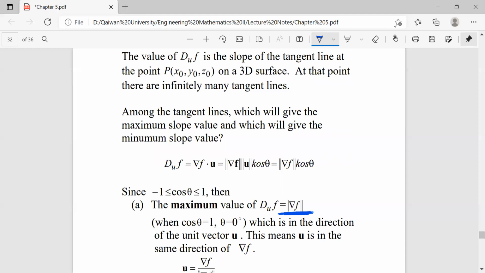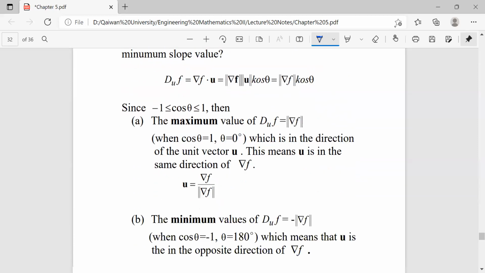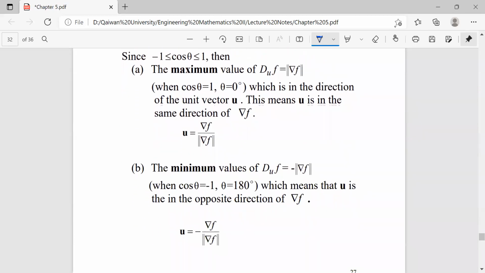It is the maximum value of the directional derivative, and the minimum value of the directional derivative is negative times the magnitude of the gradient vector.